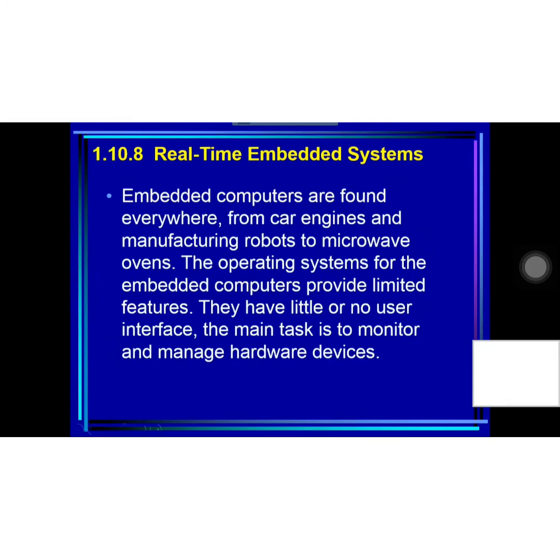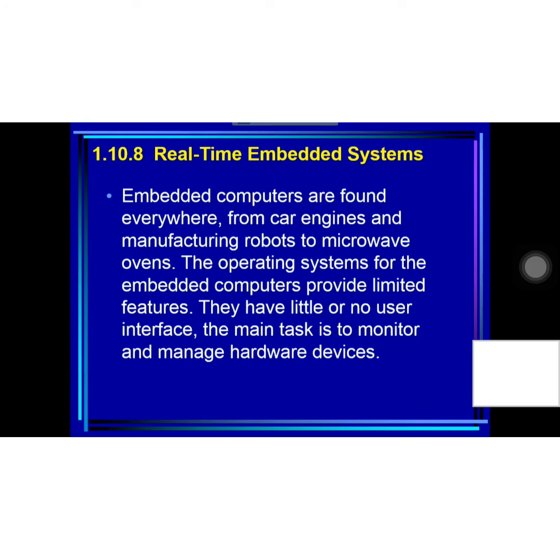Real-time embedded systems. Embedded computers are the most prevalent form of computers in existence. These devices are found everywhere, from car engines and manufacturing robots to DVDs and microwave ovens. They tend to have very specific tasks.